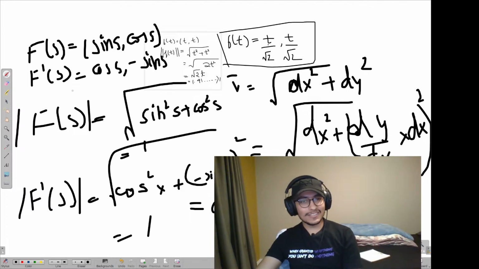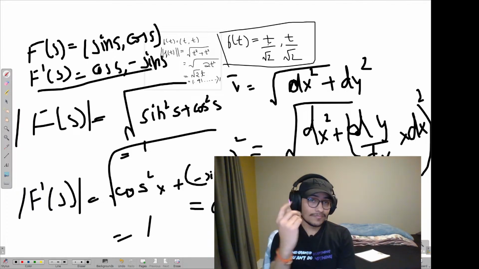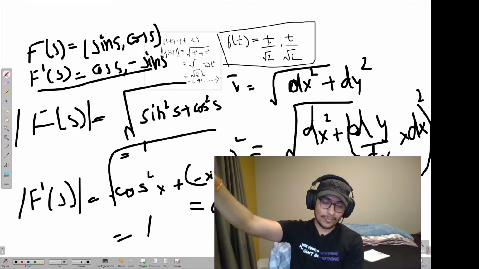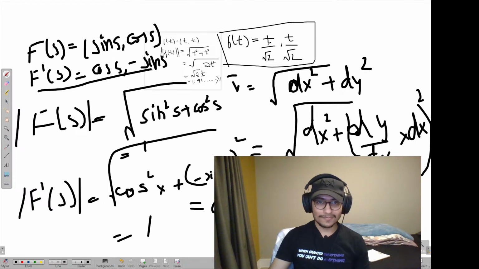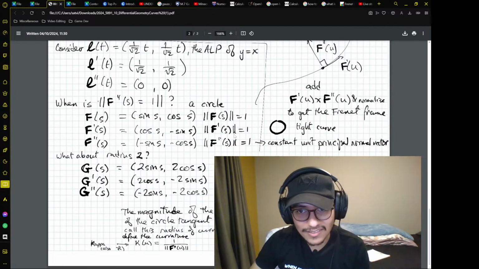Now if you differentiate this function again, cos s, minus sine s, and take the norm over it, you will still get 1. And that's what it basically says.